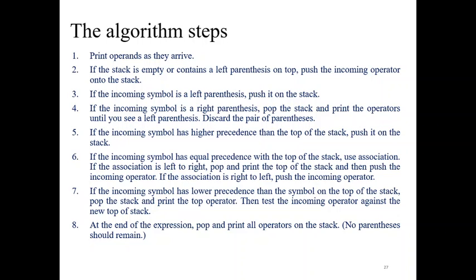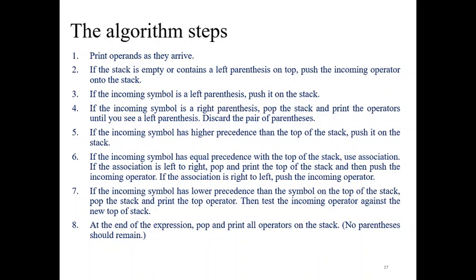Discard the pair of parentheses. If the incoming symbol has higher precedence than the top of the stack, push it on the stack. If the incoming symbol has equal precedence with the top of the stack, we use associativity. If the associativity is left to right, pop and print the top of the stack, and then push the incoming operator. If the associativity is right to left, push the incoming operator.